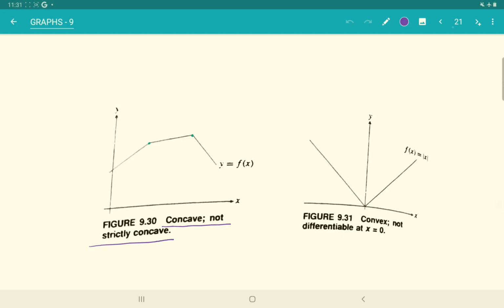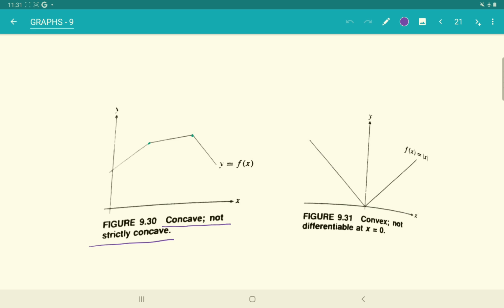Let's just take a look at the graph of f, which is given in figure 9.31, and we have to prove that this function is convex from minus infinity to infinity.